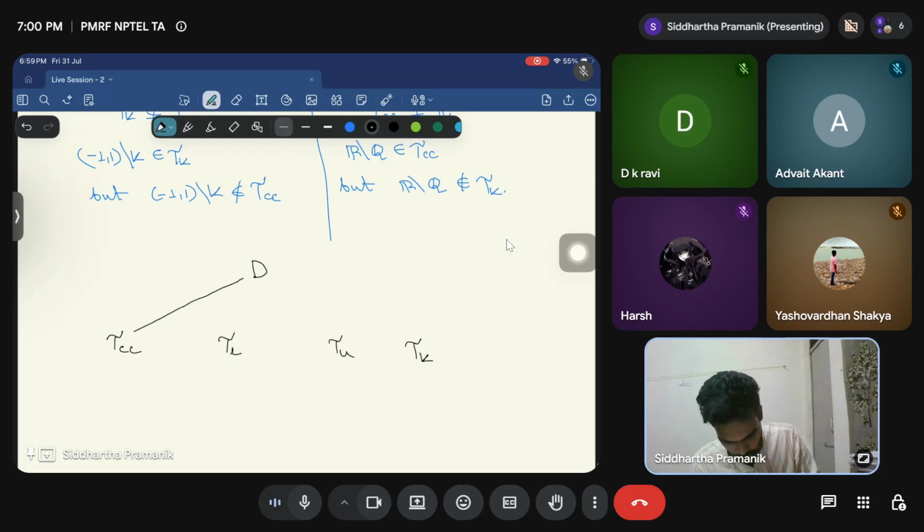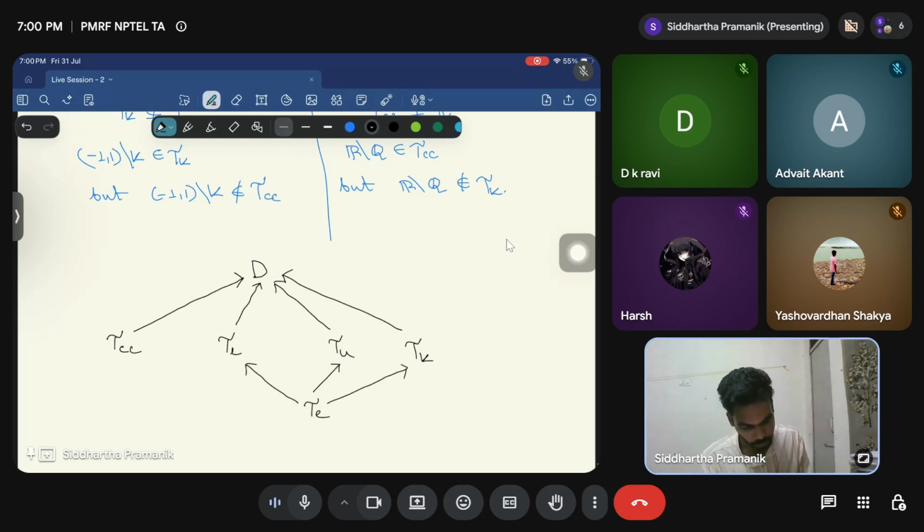These are smaller than the discrete topology. The Euclidean topology is strictly smaller than the K topology, then the upper limit topology, and the lower limit topology.